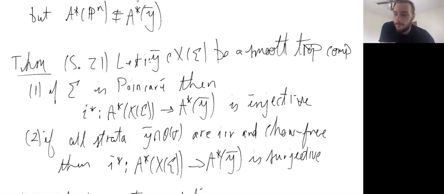For example, instead of showing these two properties separately, in most cases it is actually easier to show some stronger facts about this fan sigma, such as both sigma is Poincare and all of its different star fans are Poincare as well. And that in turn is going to give you information about the strata of this compactification.